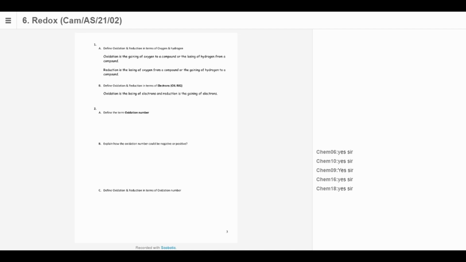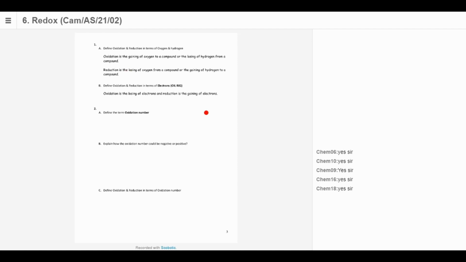You should be able to define reduction and oxidation in all these different types of definitions, and able to identify the redox reactions. Reactions where both reduction and oxidation take place are referred to as redox reactions.